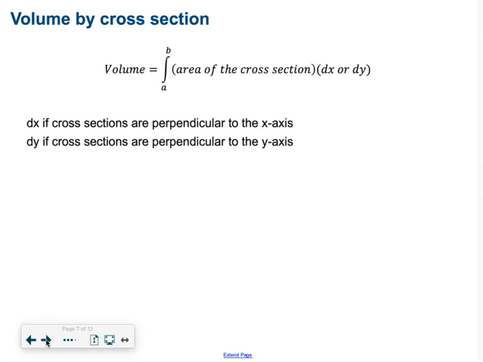If your cross sections are perpendicular to the y-axis, then you are integrating dy. That's what we're going to learn how to do.